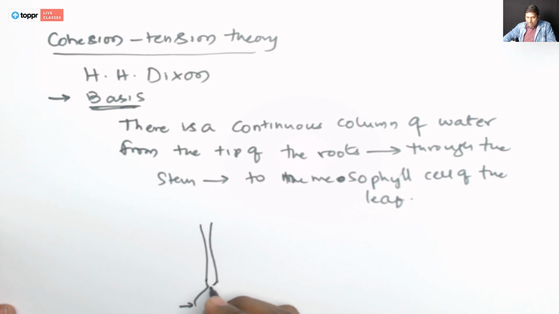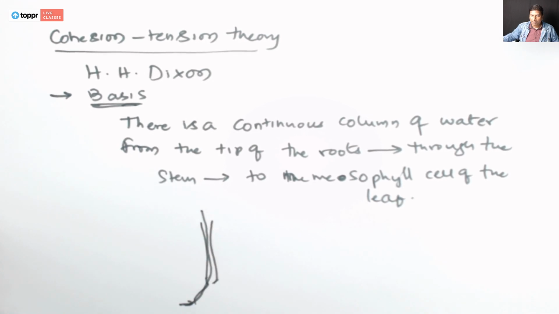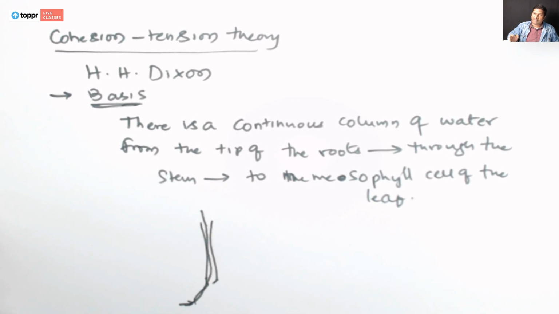Inside the roots, like I said, all the xylem elements are connected to one another to form one long hollow interconnected tube. Through that tube the water will pass through the stem. The xylem is extending all the way through the stem to the leaves.